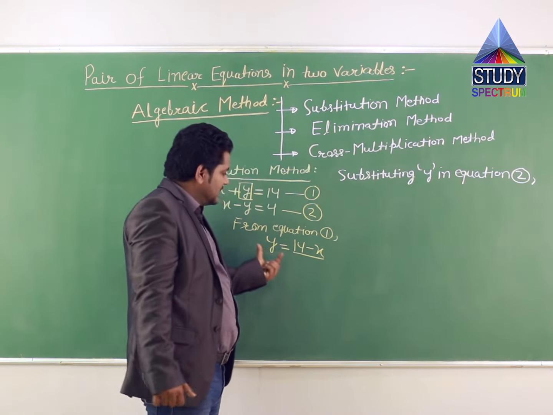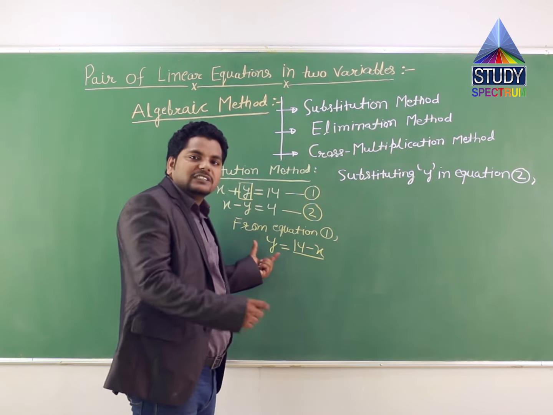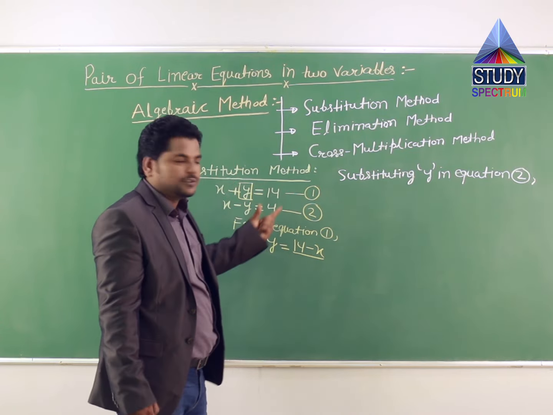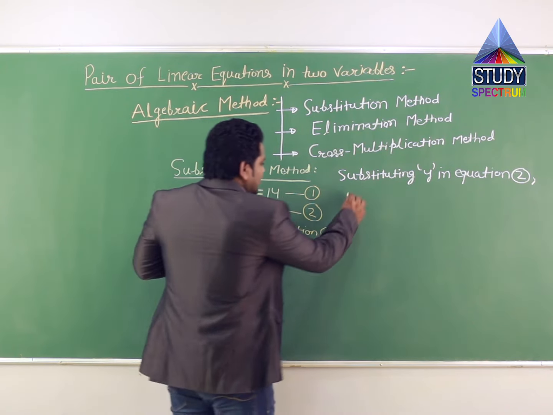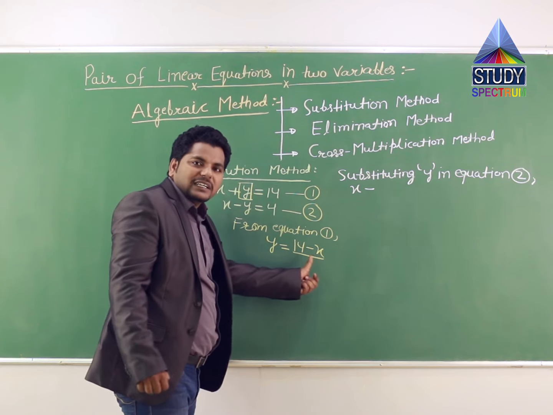In this method we substitute one variable, which is expressed in terms of the other variable, in the other equation. So this method is called the substitution method. So now x is here and minus y is 14 minus x.